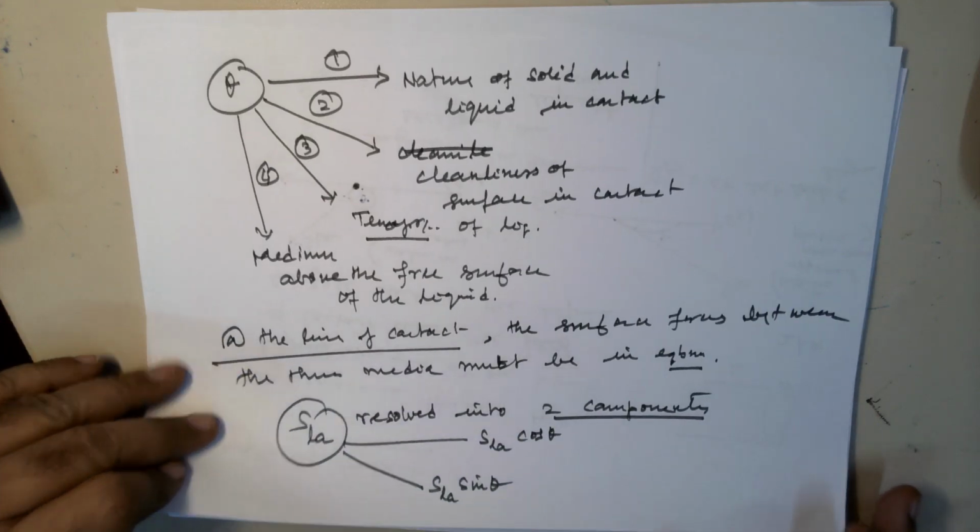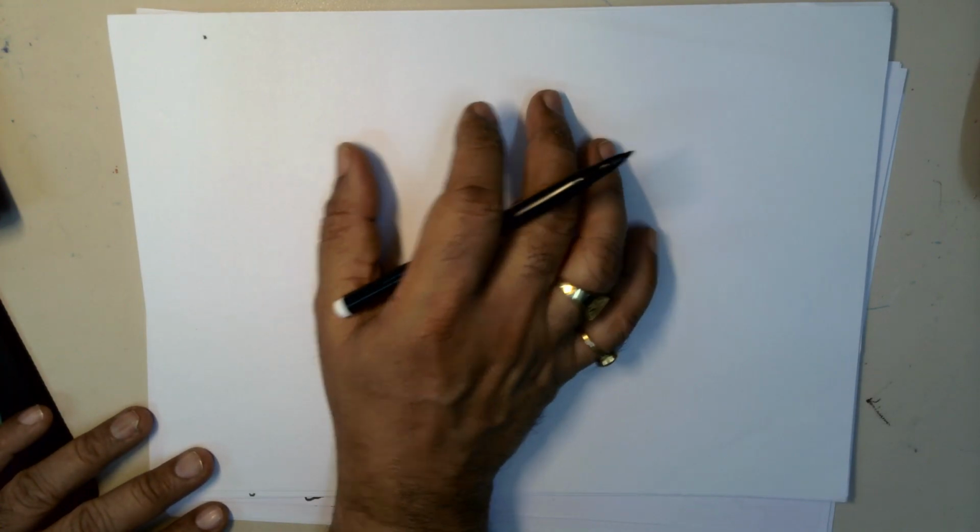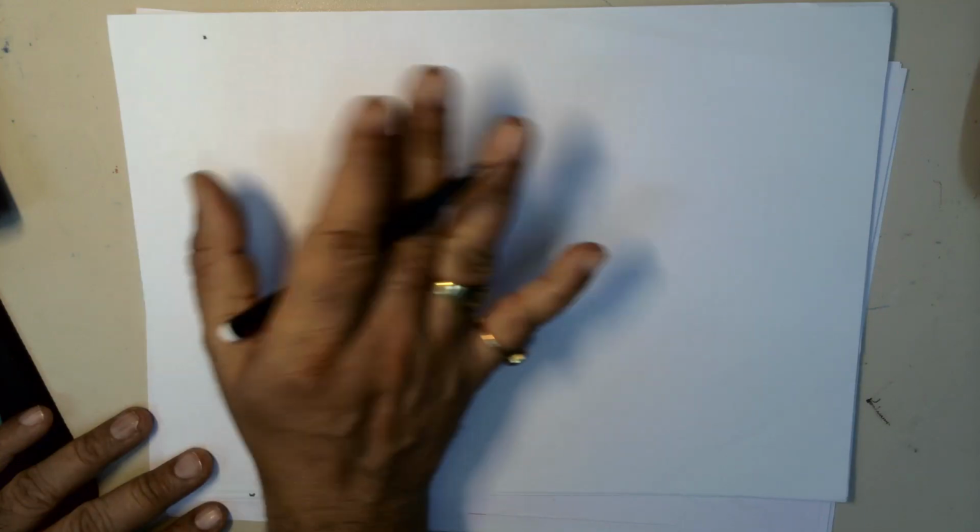Now, when the liquid on the surface of the solid is at rest, the molecules at these interfaces are in equilibrium. It means the net force on them is zero. That is why I said it is in equilibrium.